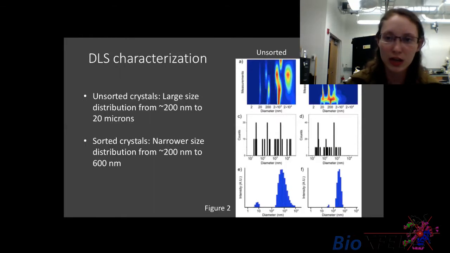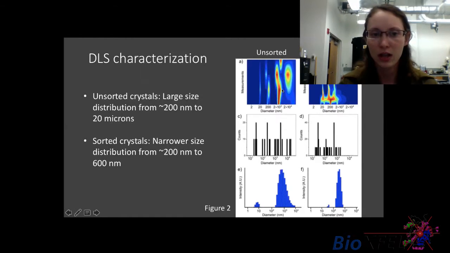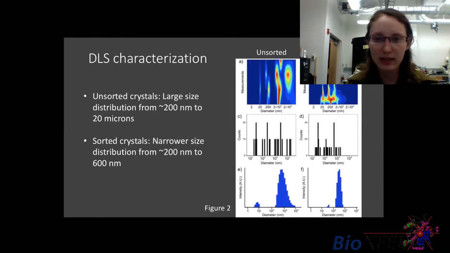They did a bunch of characterization of the sorted and unsorted material. The first technique they used is dynamic light scattering. In their unsorted crystals, before going through the device, there is a large size distribution. There's everything from about 200 nanometers up to 20 microns. That's pretty big. And then they harvested some crystals from the side channel. These should be the sorted small crystals.